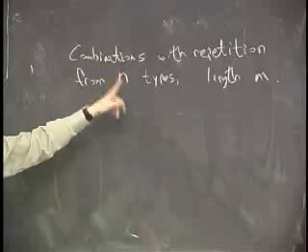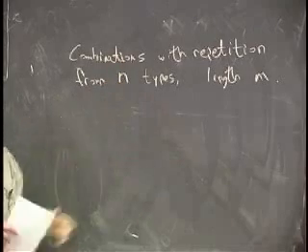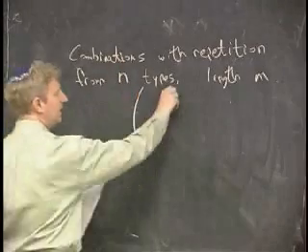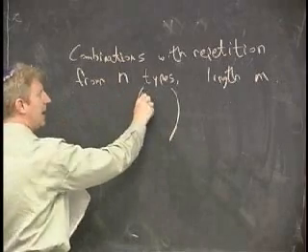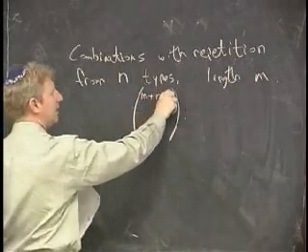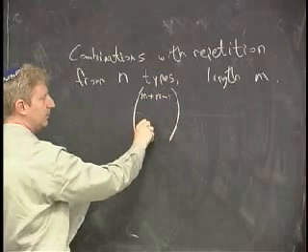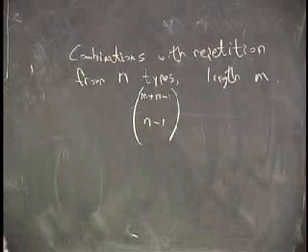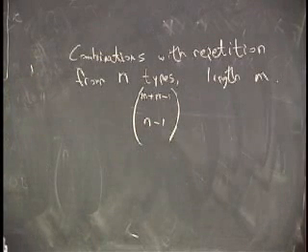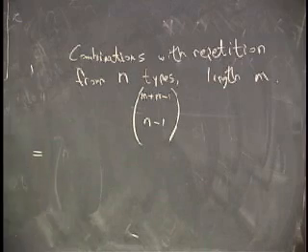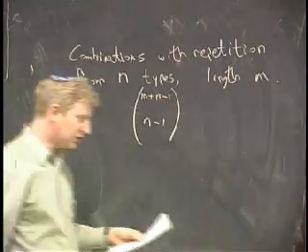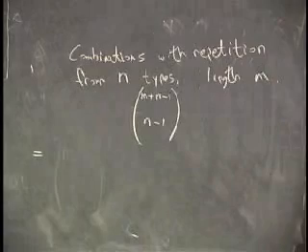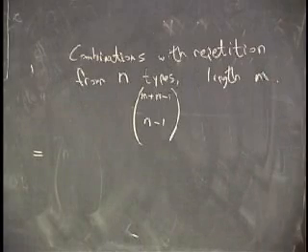You're choosing M things from N. You have N different types. This is going to be the same as M plus N minus 1, choose N minus 1. That's what we just did right now. I want to convince you that this is the same as another kind of distribution. The first problem is the same as the distribution of distinct objects into distinct boxes.